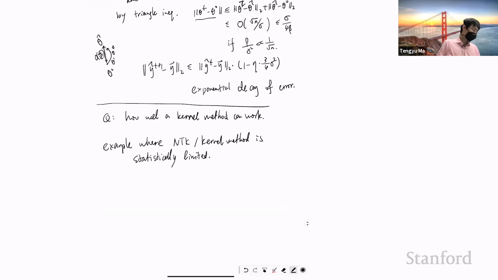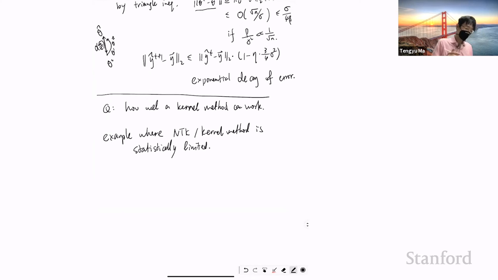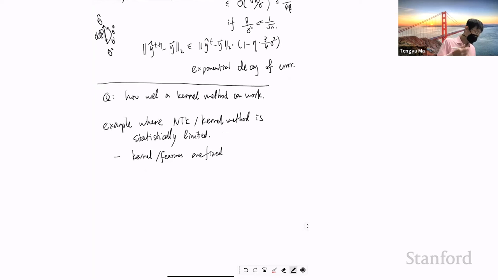In some sense, the intuition is that the limitation comes from the kernel or the features being fixed in the NTK approach. You don't have any adaptivity to the data. Your data probably wants to use some features, but you are using a fixed feature for your data. This is a simple case where you can have such a concrete example.